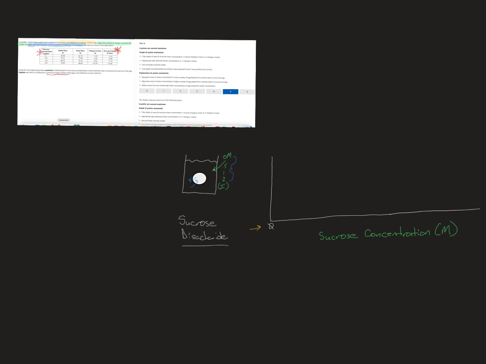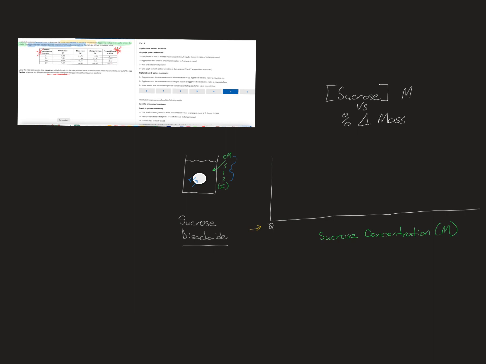So what would the title of my graph be? Title of my graph would be sucrose concentration, and I could put it in square brackets to save myself some time, in molar versus percent change, triangle, in mass.